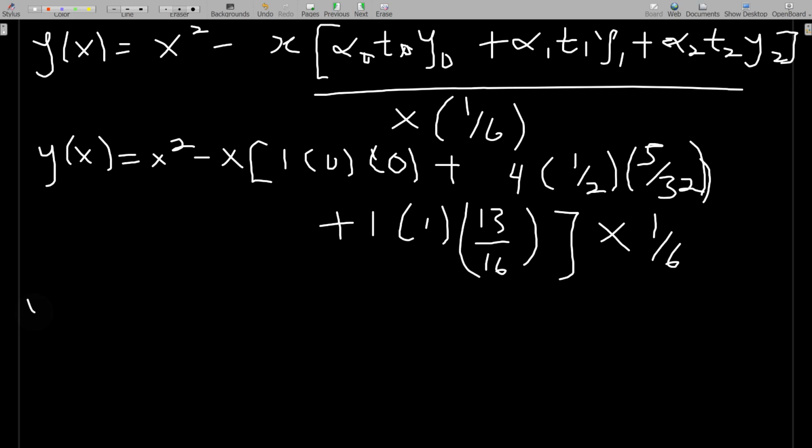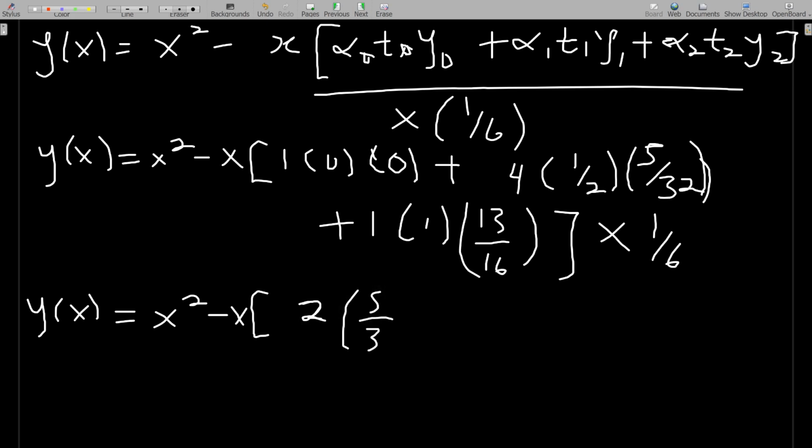I hope you get this. So y of x is equal to x squared minus x into 4 times half, which will give me just 2, then times 5/32 plus 13/16, then times 1/6.